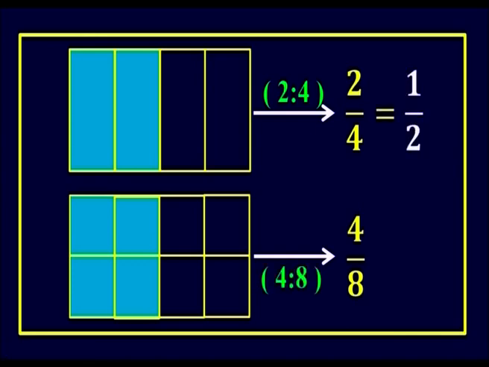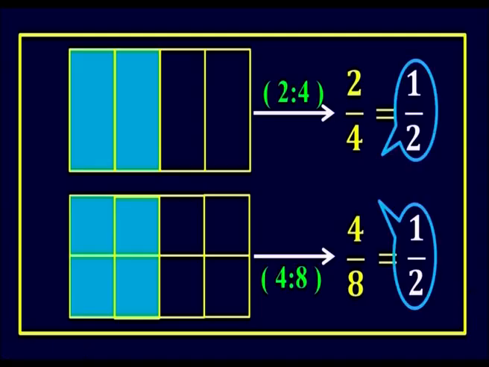Now, we will simplify this 2 by 4, children. So, we get 1 by 2. Similarly, on simplifying 4 by 8, we get 1 by 2. Now, what did you notice, children? Yes, we see that both the ratios are equal here, isn't it? That is, 2 is to 4 and 4 is to 8 are equal. That is equal to 1 is to 2, isn't it, children?